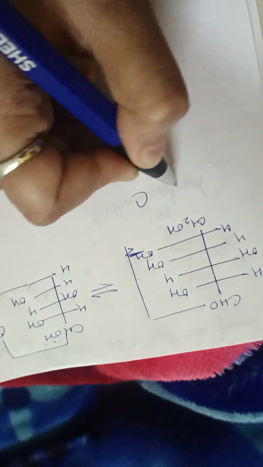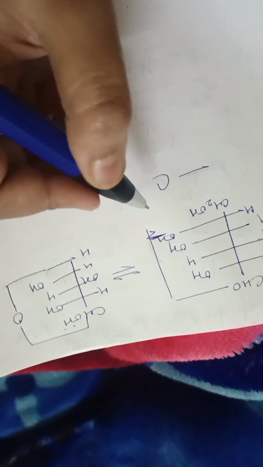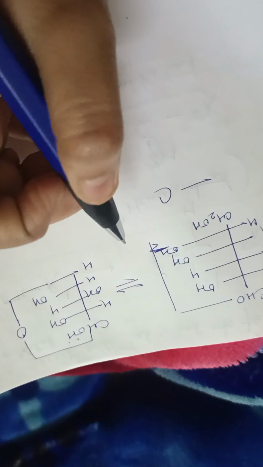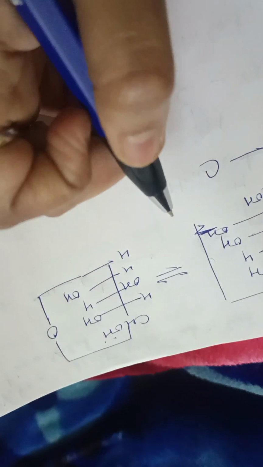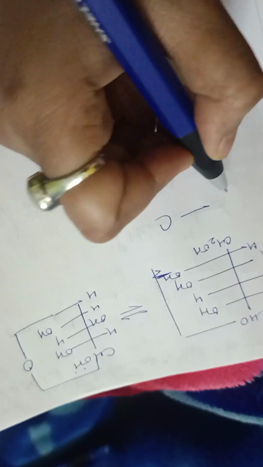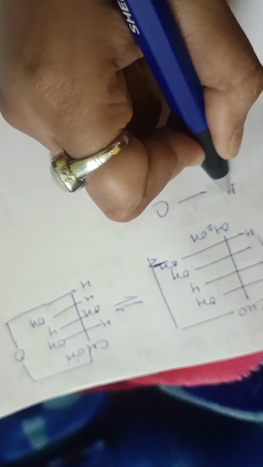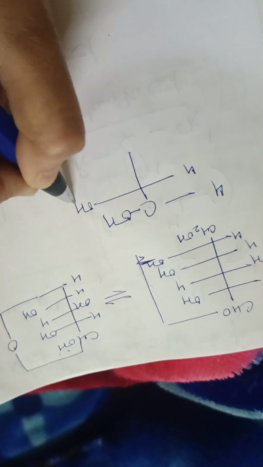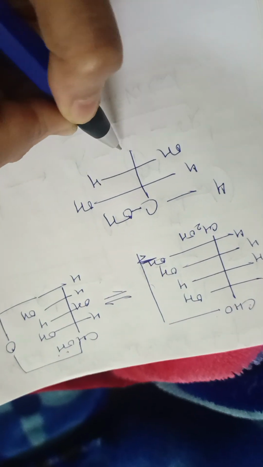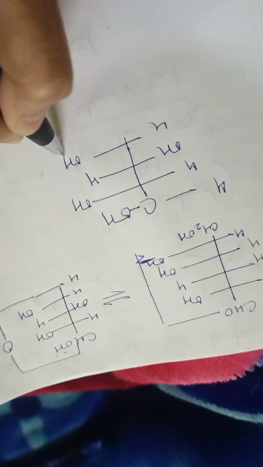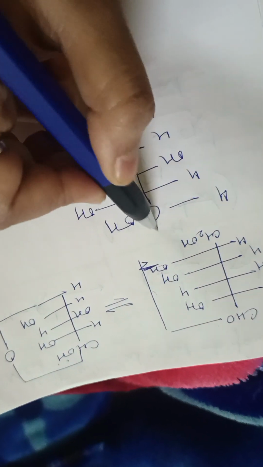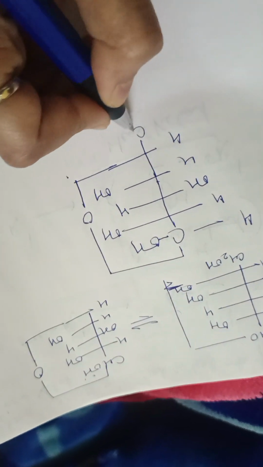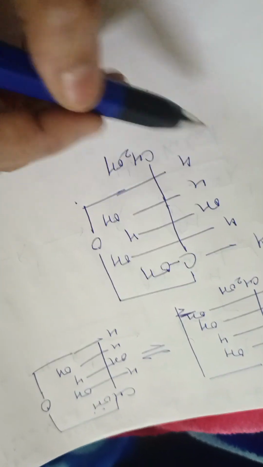Like this. So C, just more nicely you can write it, and write the H this side, OH this side. OHH, HOH. So this is your pyranose structure if I write it nicely.